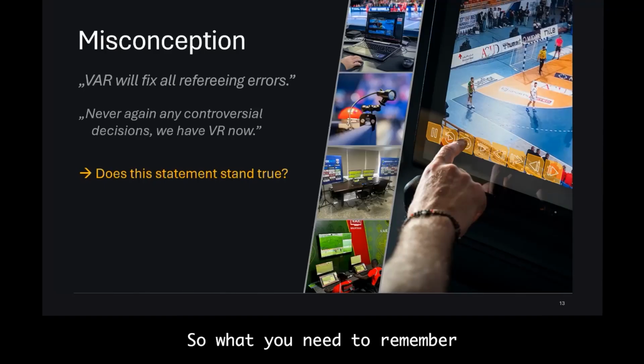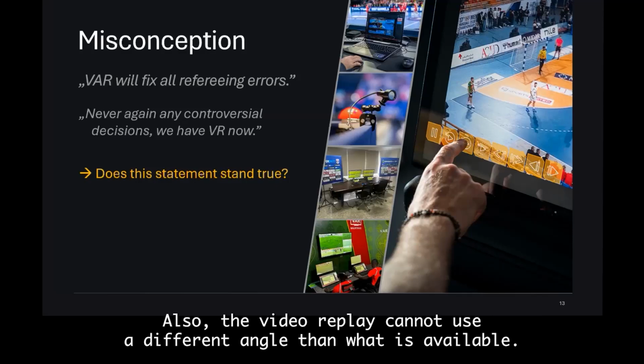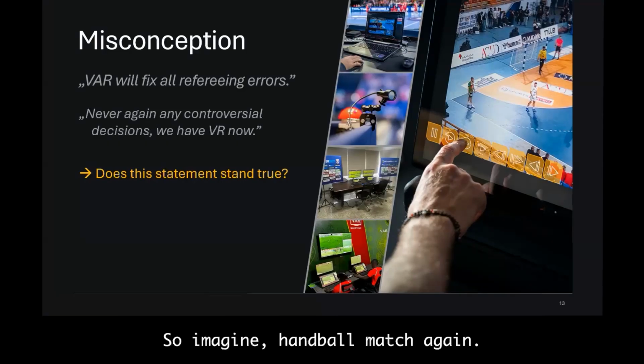So what you need to remember, the quality of your cameras will be a huge influential factor. If something is not shown by the camera, also the video replay cannot use a different angle than what is available. So imagine a handball match again, come back to the same example.